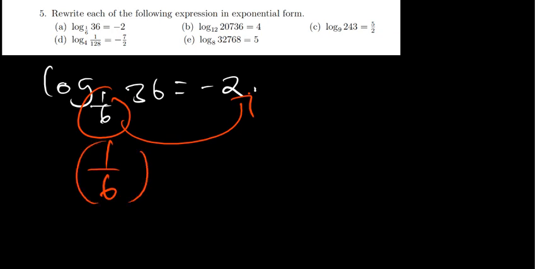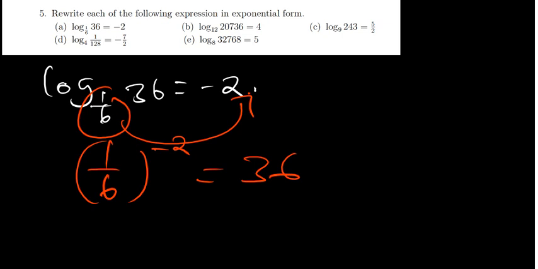We want to come out from log to exponential. This is simple. The base raised to the power of what is outside is equal to what is inside. So we say 1 over 6, in brackets, raised to the power -2 is equal to 36. That's the meaning.